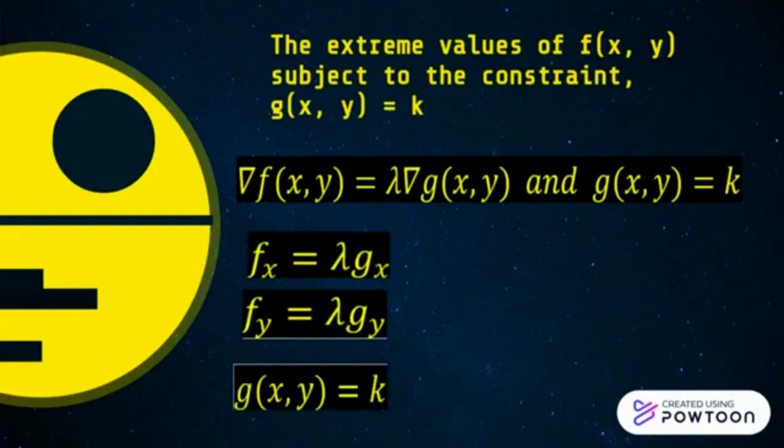From this situation, these are three equations with three unknowns x, y, and lambda, but it is not required to find the explicit value of lambda. From the results, evaluating f at all points (x,y), the largest of these values is the maximum value of f, and the smallest is the minimum value of f.